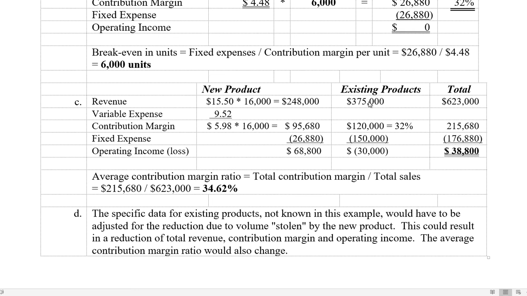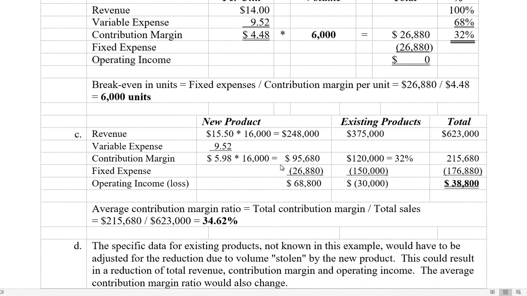Now, if you look here, they've got a column for existing products. You're already in business and you've already got a contribution margin. So you're setting this up where you're comparing the new product versus all the old products, right? So let's look at this real quick. On the new product, we think we're going to sell this for $15.50 a piece.